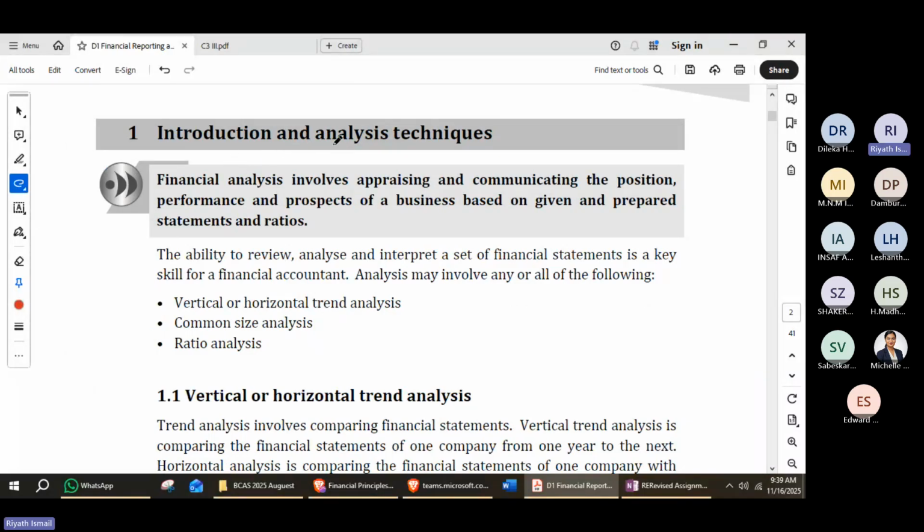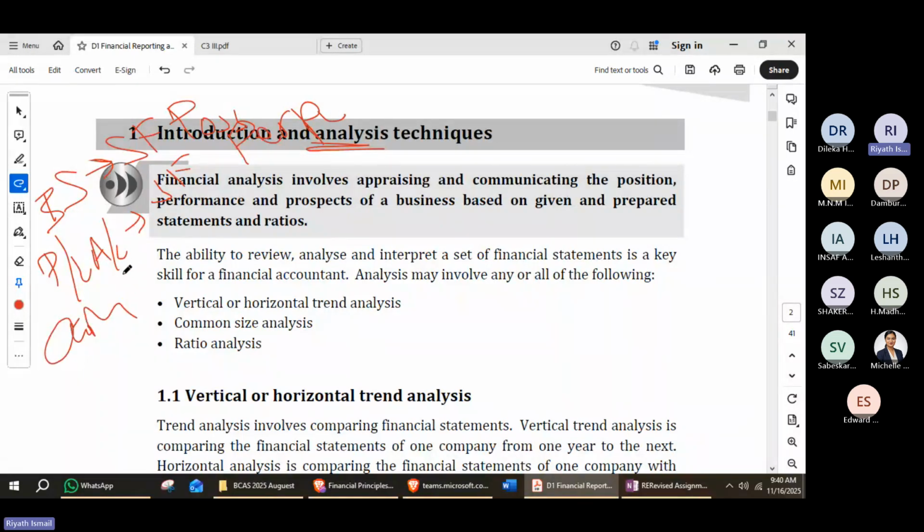And let's look at the ratio analysis, which covers everything. Introduction and analysis technique. Why do we need analysis? Each company publishes annual reports where you can find the financial statements. With the financial statements, you can see the balance sheet, now the new name is statement of financial position, and the profit and loss account, which we now call the statement of financial performance, and the cash flow statement.